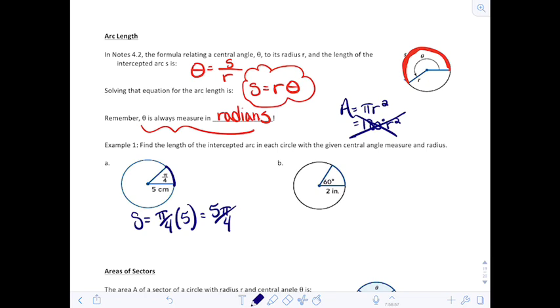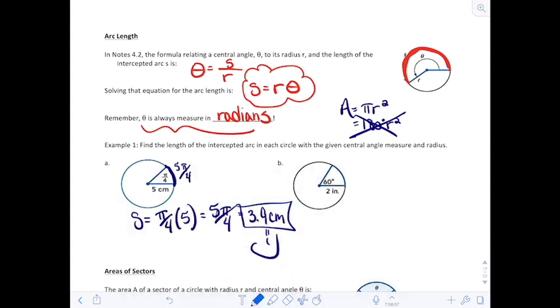Now, because it's arc length, and 5 pi over 4 does not represent theta, it represents length of something, we want to turn that into a decimal. So go to your calculator, and we want to figure out and type in 5 pi divided by 4. And we will get that that's 3.9 centimeters. Okay?